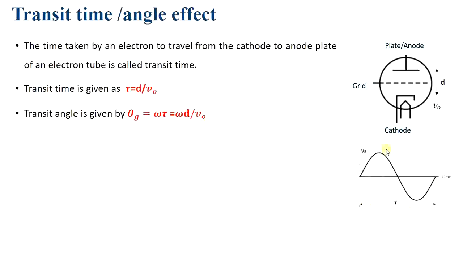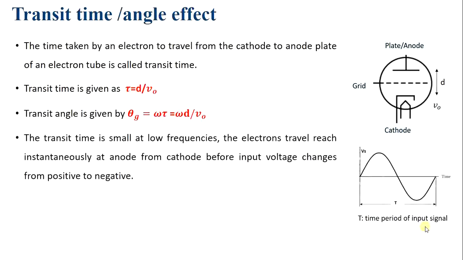Consider this as the input voltage applied to the device, where T is the time period of this input signal. Before proceeding to the analysis of frequency, let us check what happens if the input voltage across the device changes. For the positive voltage, the electrons gain potential energy and move from the cathode towards the anode.